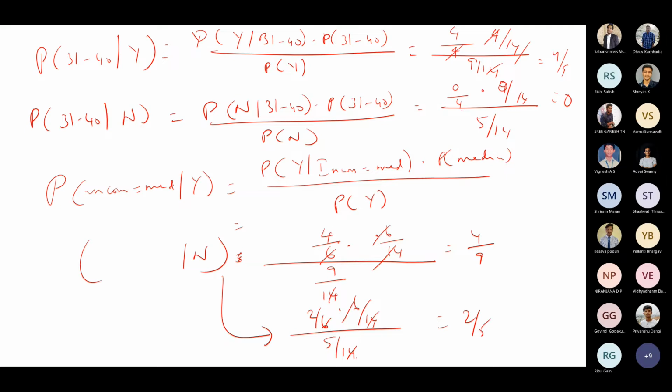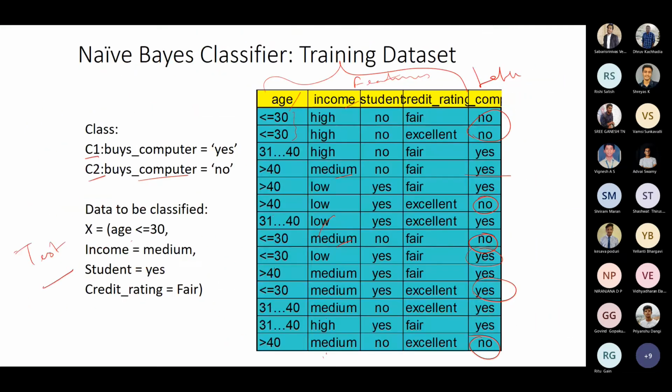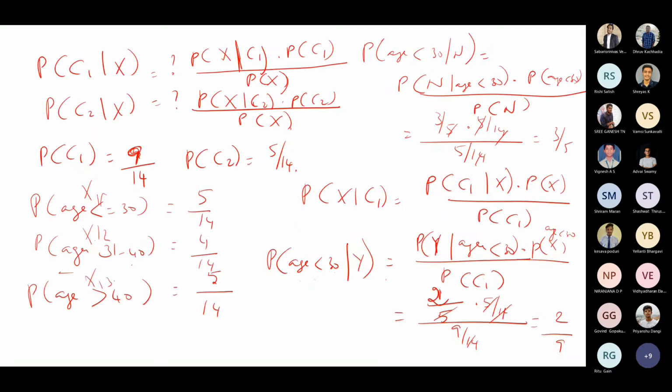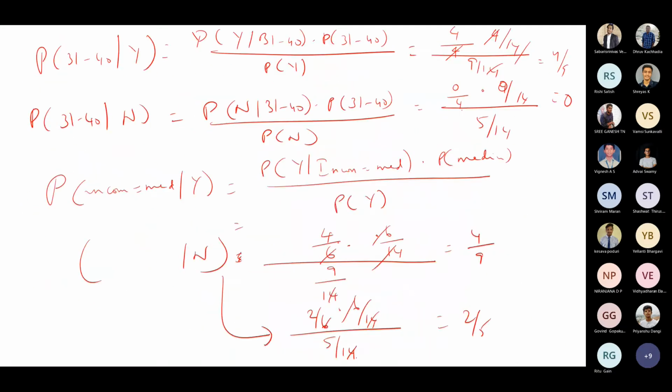So I can again compute the same values for probability of income is equal to low and buying computer as yes and no. So I'll just do that alone and then go on to the next one.